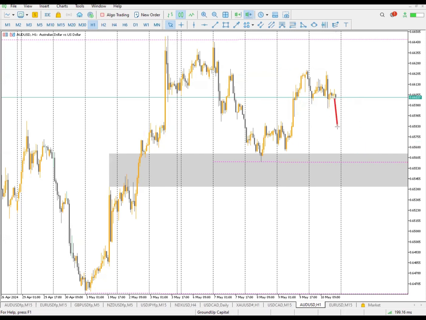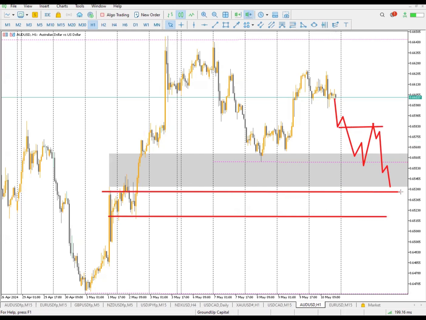And of course, if we do not get a change of character here and we just get a sweep of that liquidity to tap into a deeper level and then carry on dropping, then ultimately we're looking at this accumulation right here, because there might be some orders trapped in there. And then you never know, the market might create a change of character over there before it starts wanting to push up, right?